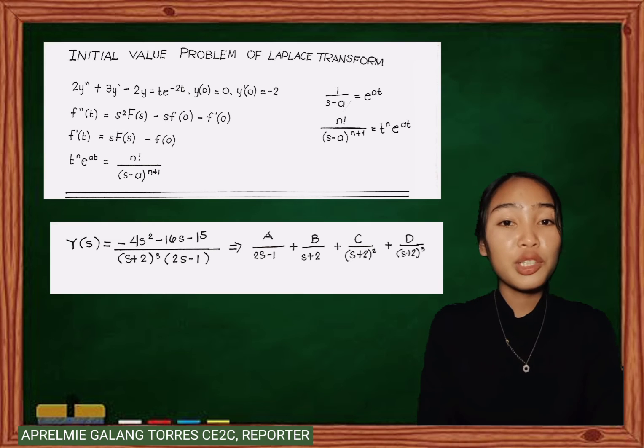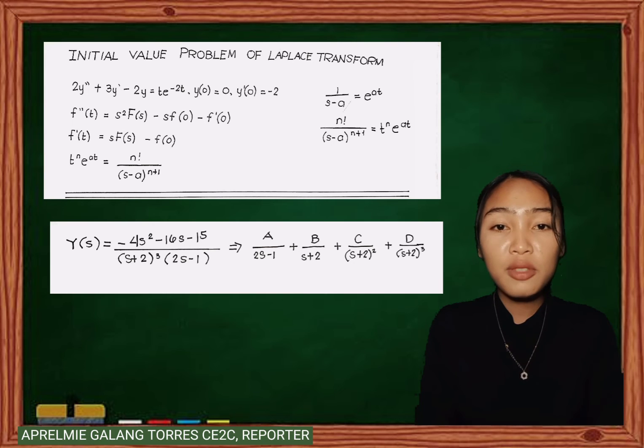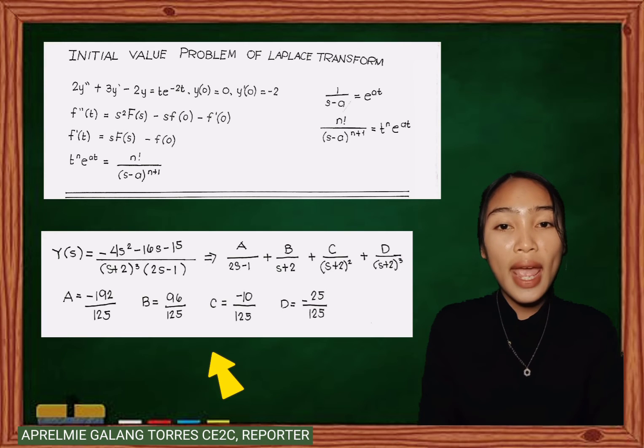So because this is a Laplace transform problem, I won't take the time to do all of the steps of this partial fraction decomposition, but let's just say that when we solve it for our coefficients A, B, C, and D, we'll get A equals -192/125.